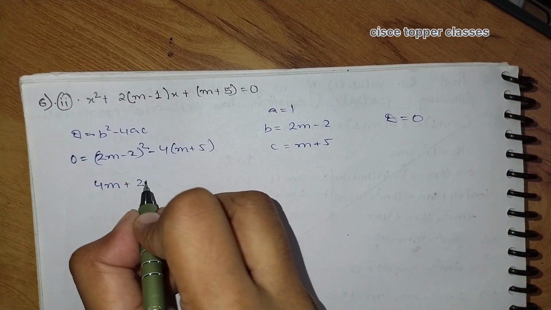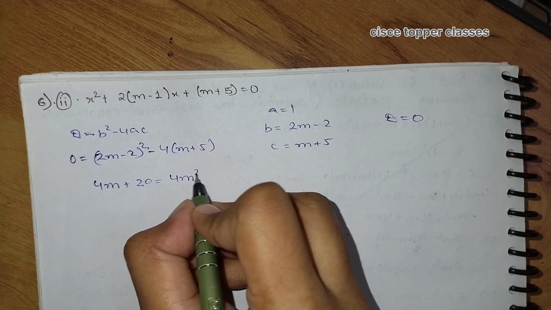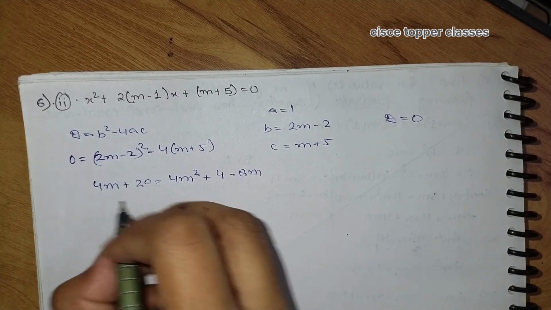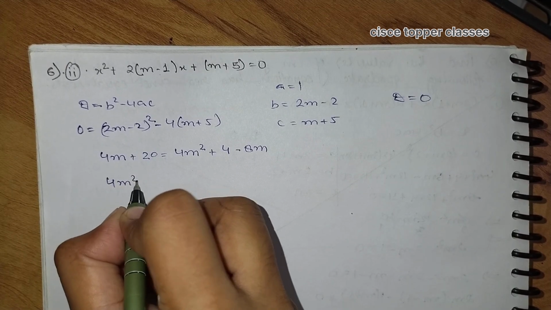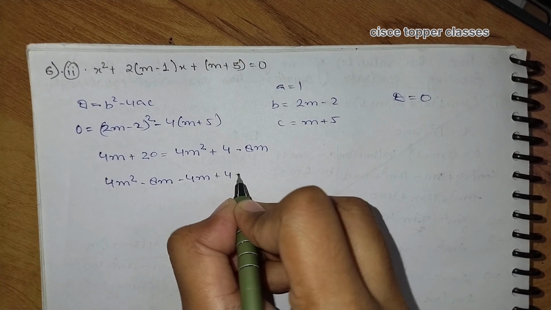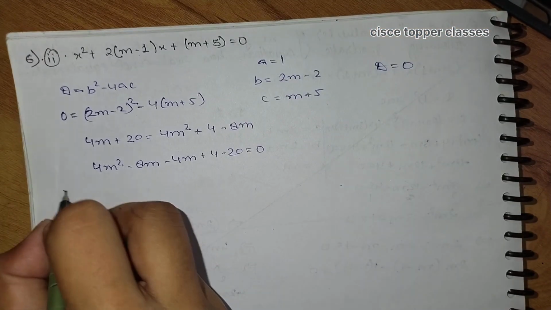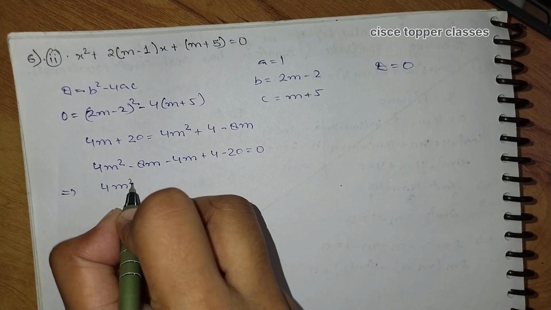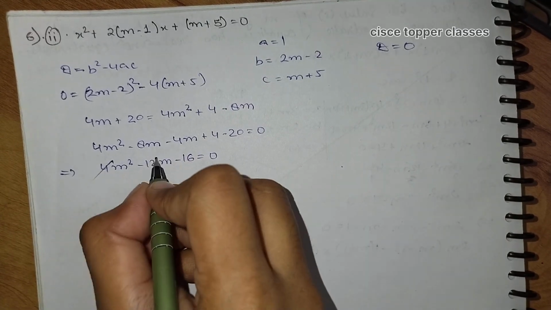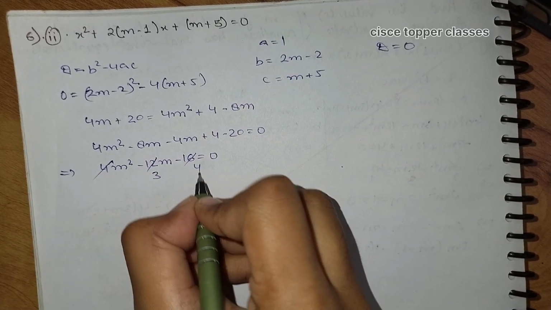So on solving this, we will get 4m plus 20 equal to 4m square plus 4 minus 8m. And on solving this, 4m square minus 8m minus 4m plus 4 minus 20 equal to 0, as 4m square minus 12m minus 16 equal to 0. This will be cancelled out by 4.